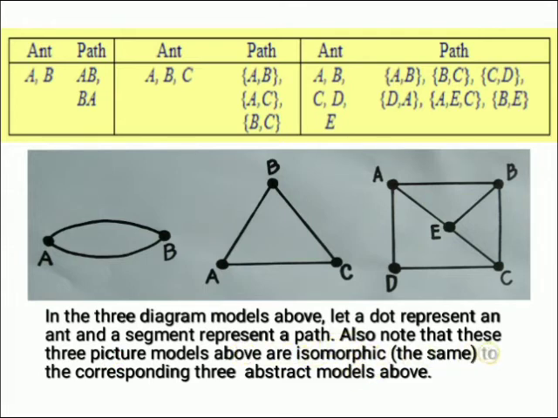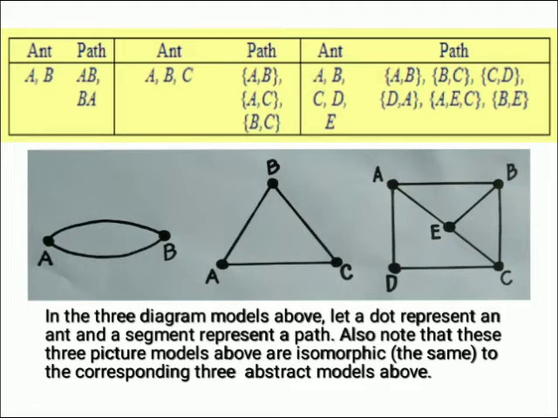Also note that these 3 picture models above are isomorphic or the same to the corresponding 3 abstract models above. So, itong concrete models na to is isomorphic or the same siya with these abstract models above. So, bale, i-explain na natin kung paano nga ba siya nagwo-work.